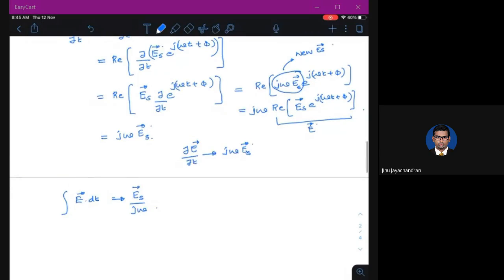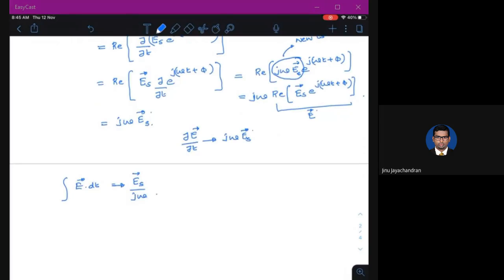Similarly, when you integrate, it is ES by j omega. Make sure that the differentiation or integration is with respect to t. If it is with respect to x, y, or z, then that is a totally different scenario.